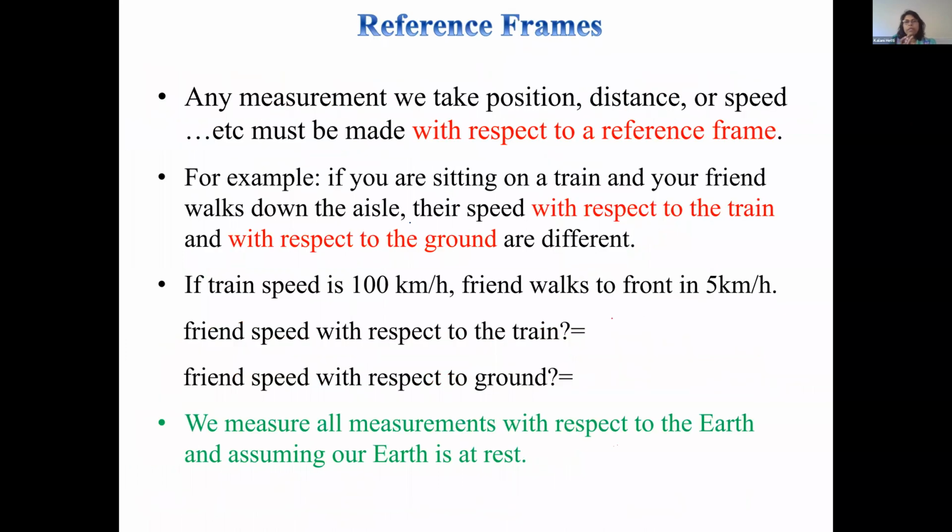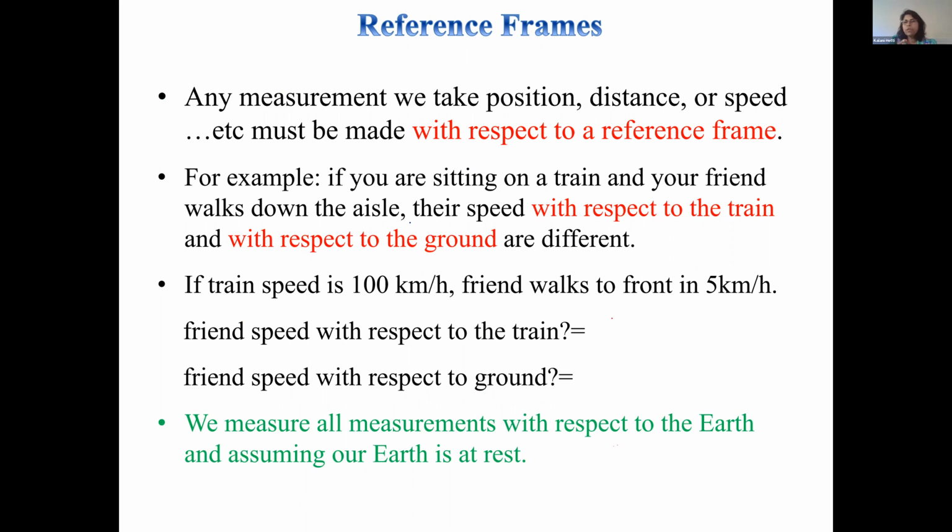Okay, so now in this part, we're going to move into a little bit about the reference frame, because all the quantities that we are measuring will always be with respect to some frame. That frame, we call it the reference frame. Simple example is all the measurements that we are taking on our Earth will be in the Earth reference frame.